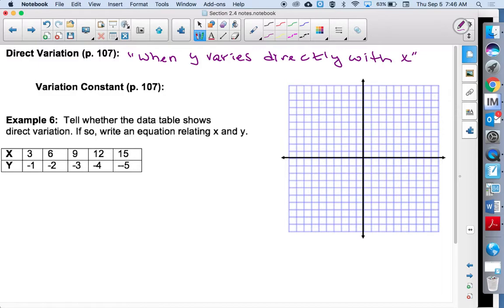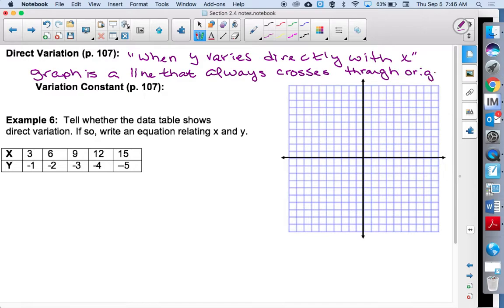This is still a line, but this line always goes through the origin. So y varies directly with x is still a line.